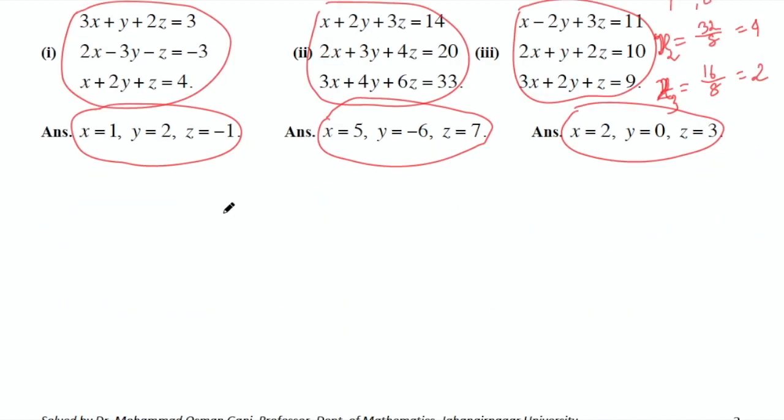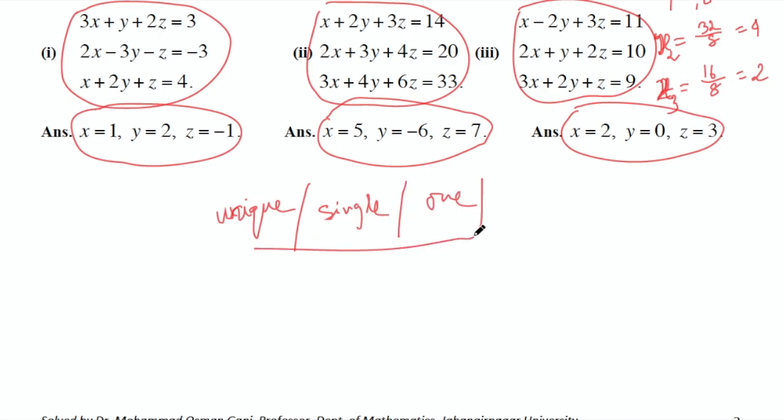So please note again, by using Cramer's rule we can calculate the unique solution of a system of linear equations, unique or single or one solution. When a system has a unique solution, that we can calculate by Cramer's rule.